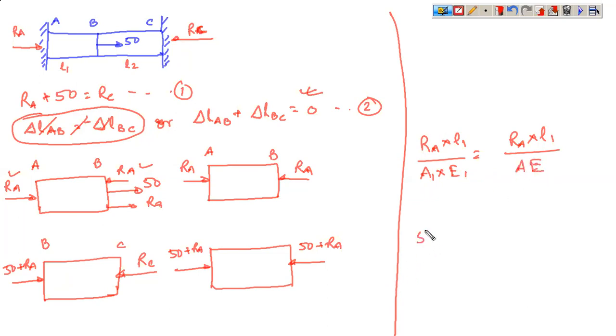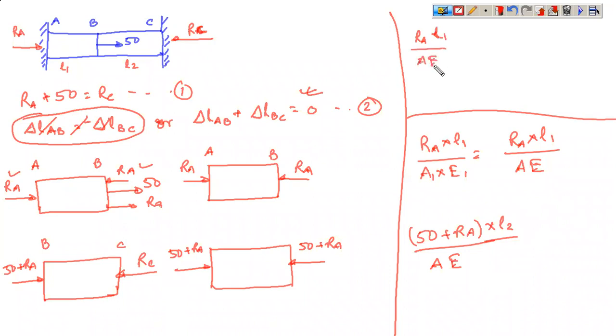For here you have 50 plus Ra multiplied by L2 divided by AE, because again A and E will be same for this. So add them up. So you have Ra L1 divided by AE plus 50 plus Ra L2 divided by AE is equal to 0.